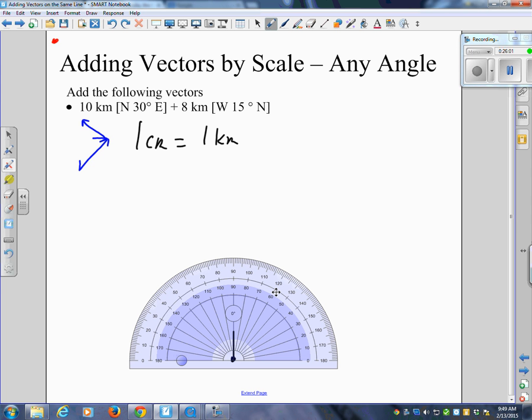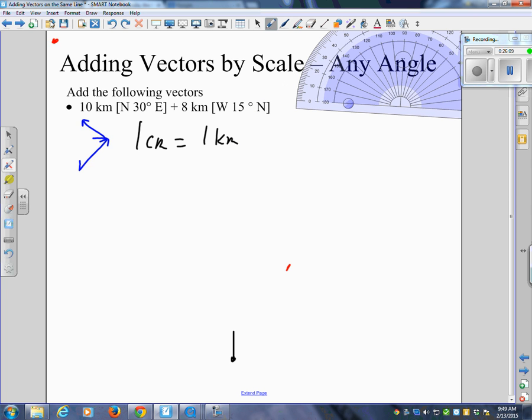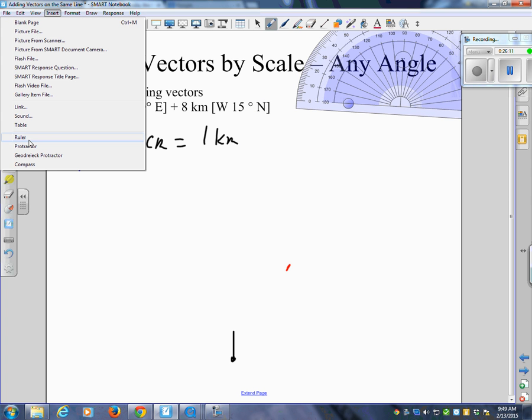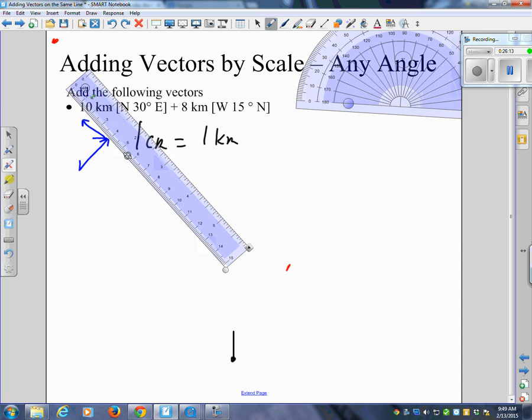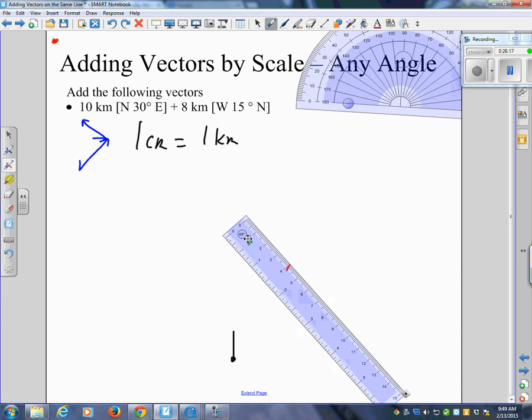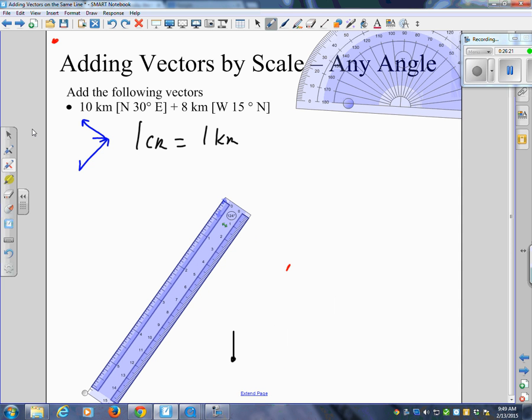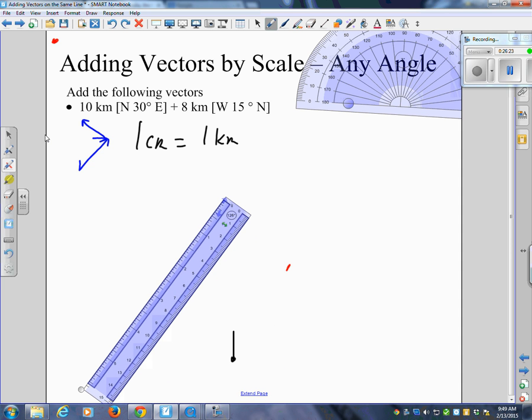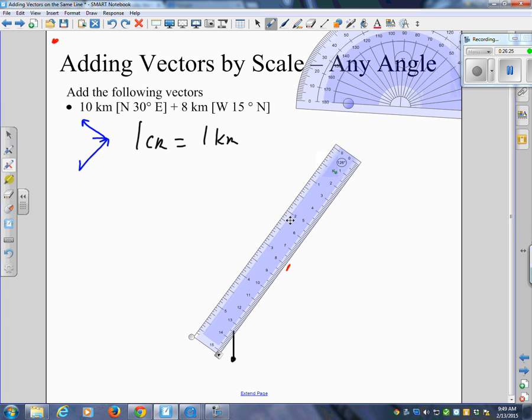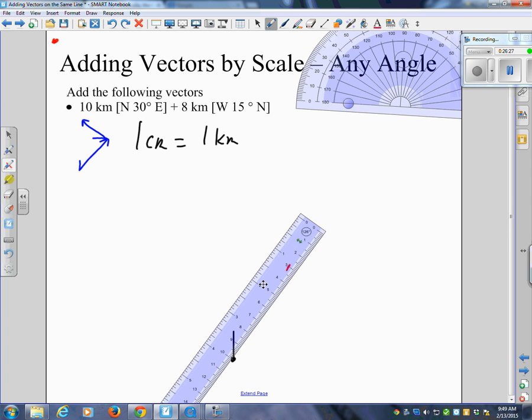There's 90, 10, 20, 30, right there. Get rid of the protractor. Now I need a ruler. And I'm going 10 kilometers or 10 centimeters, right? Okay, so I got to put this at 10.